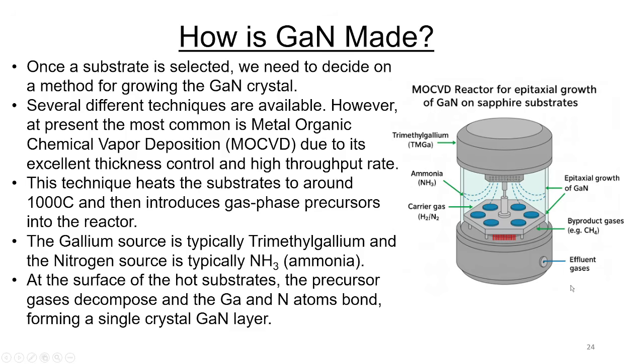So the gallium source is typically trimethyl gallium, and the nitrogen source is typically ammonia, NH3. At the surface of the hot substrates, the precursor gases decompose and the gallium and the nitrogen atoms bond, forming a single crystal gallium nitride layer.